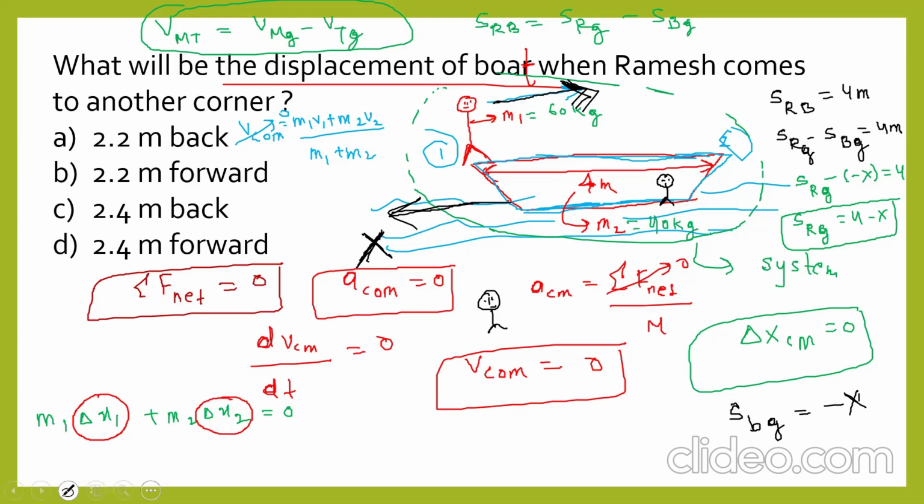So this is the concept. If you apply it, m1 is 60 kg. Delta x1 is the displacement of Ramesh with respect to ground, how much? 4 minus x. Plus m2 for the boat, 40 kg. How much does it displace? Minus x back.